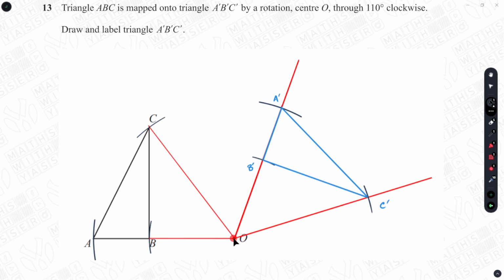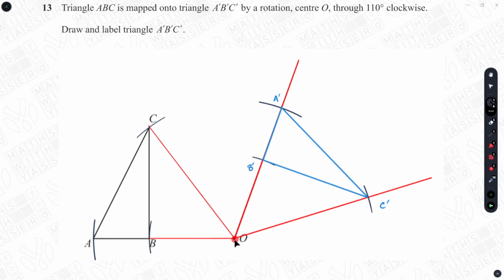Again we measured the length from the center to the point A and we drew an arc over here, and again from this point along this line we drew another arc having the same length from here to here and we labeled it as A prime and this one was labeled as B prime.